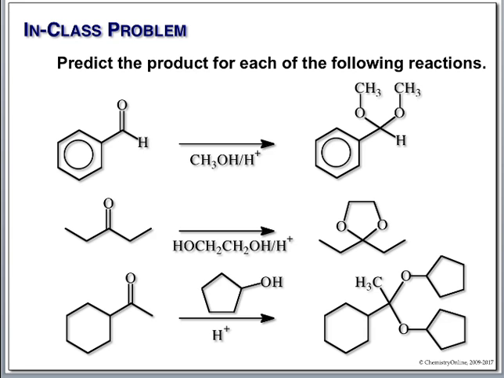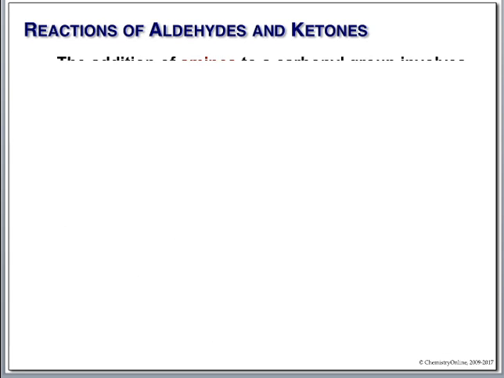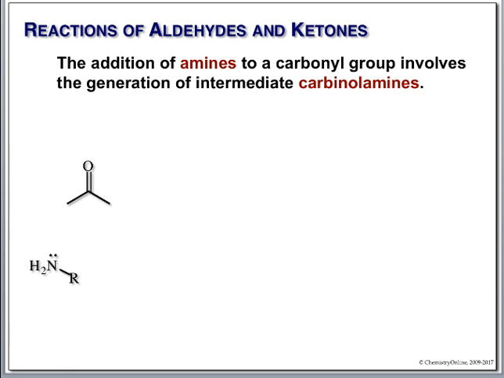All right, so a bit ago, we talked about nucleophiles attacking the carbonyl. Let's do this all the way, and I'm going to use an amine as my nucleophile here.